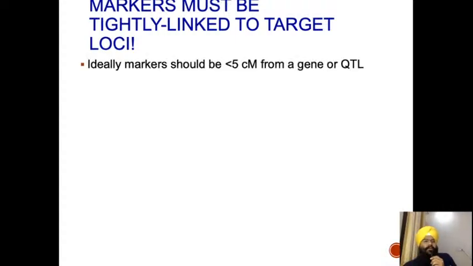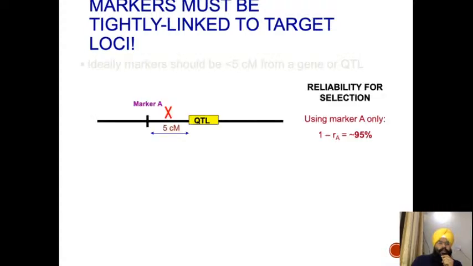Ideally the marker should be less than 5 centimorgan from a gene or a QTL, a quantitative trait locus. From the gene or from the QTL, these ideal markers should be less than 5 centimorgan. So here, sorry, centimorgan; in this, they are called centimorgan.